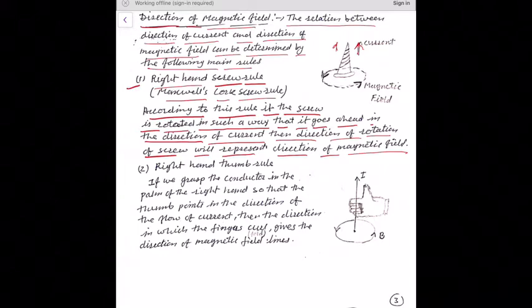So rotation in this direction, so magnetic field in anti-clockwise direction.